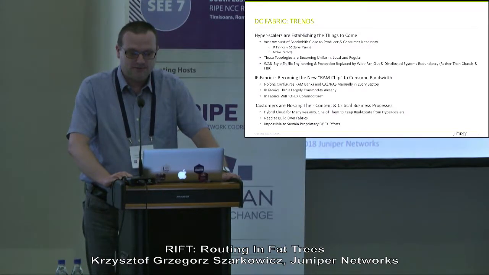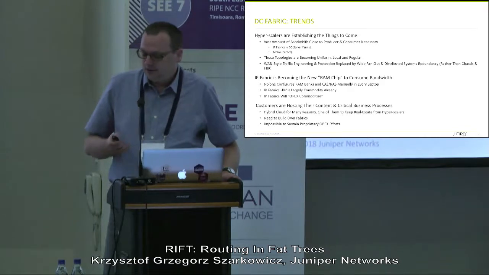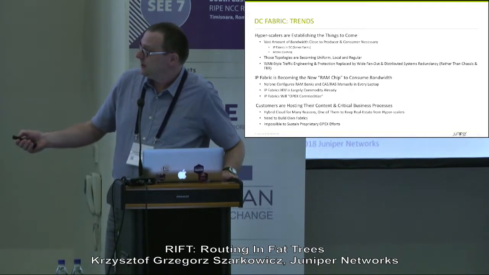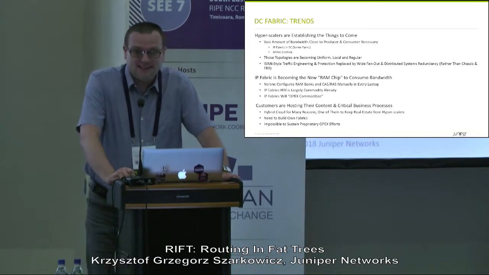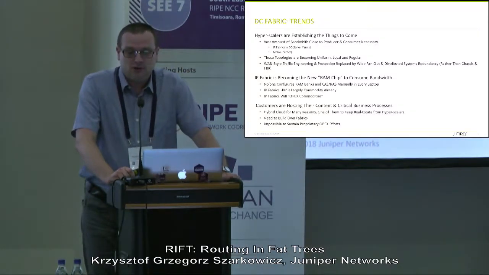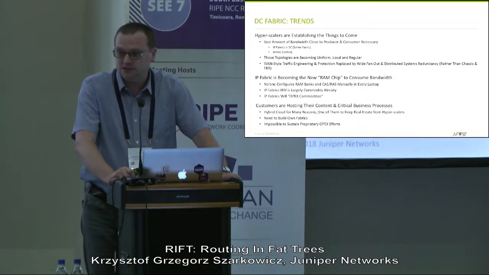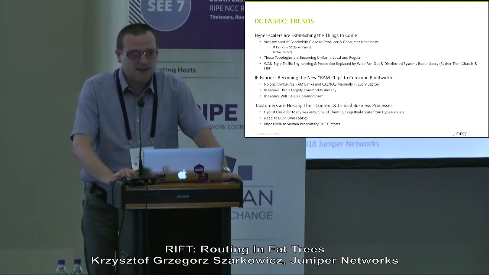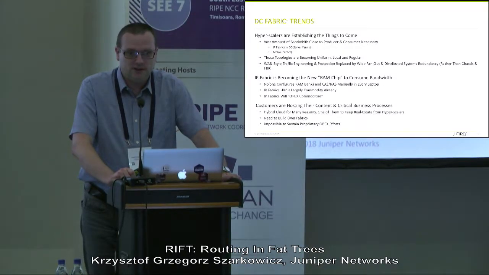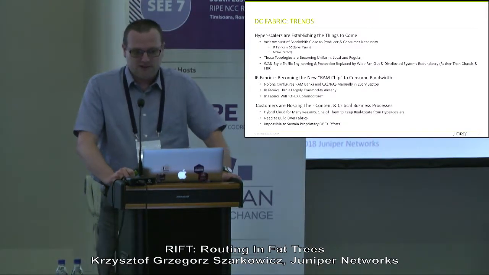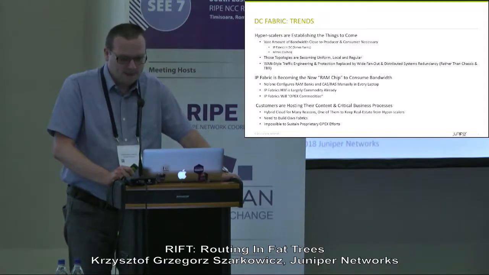Okay, so hyperscalers in DC environment. So first of all, as I mentioned, we're introducing the IP fabrics. So in these DC environments, we are using IP protocols as underlay, and of course, as overlay, we can run some layer 2 services. Could be EVPN, for example, as layer 2 service. Could be VPLS as layer 2 service, whatever is required, whatever is chosen by the operator of this DC fabric.